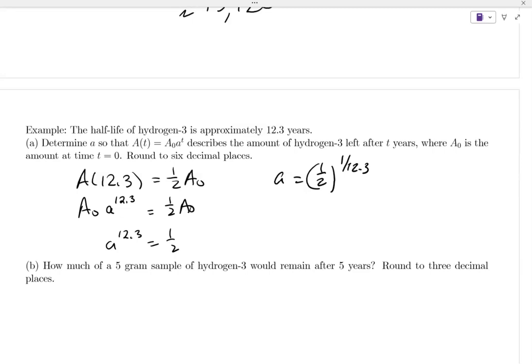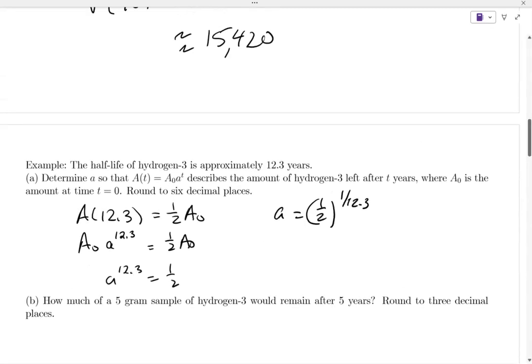Now, in this case, again, the problem asks you to round to 6 decimal places, but this is what the base has to be. If you want to figure it out to 6 decimal places, you would type that into your calculator and use that for the a. But if we just leave it like that, then your function just becomes a naught times 1/2 to the t over 12.3.